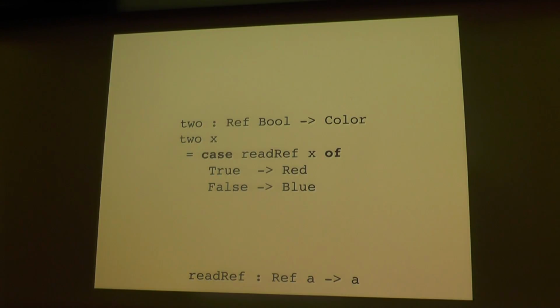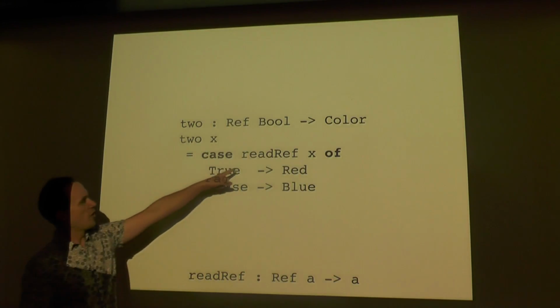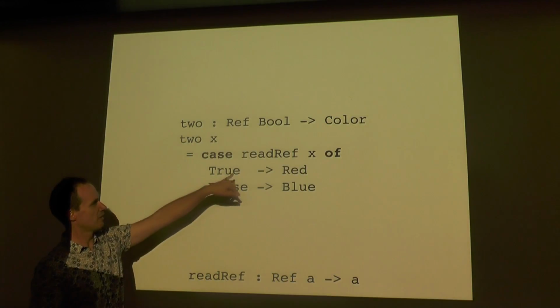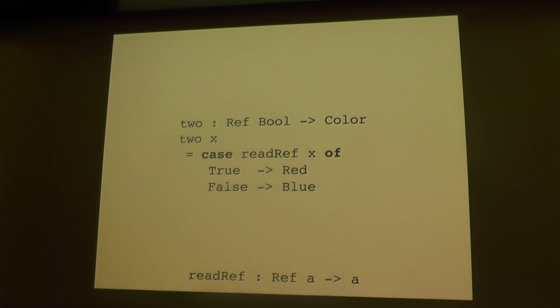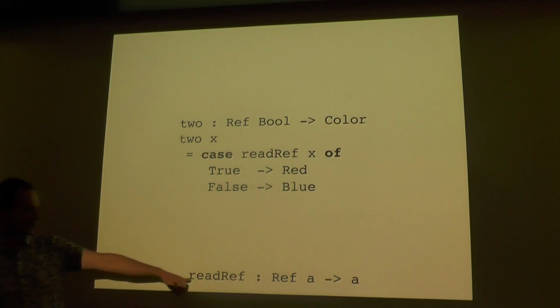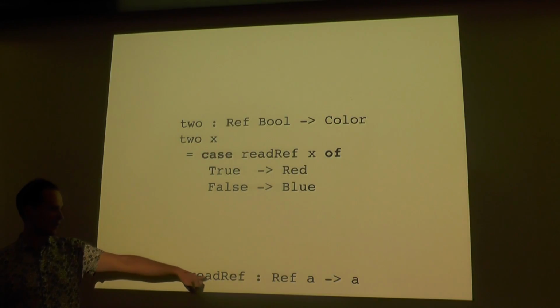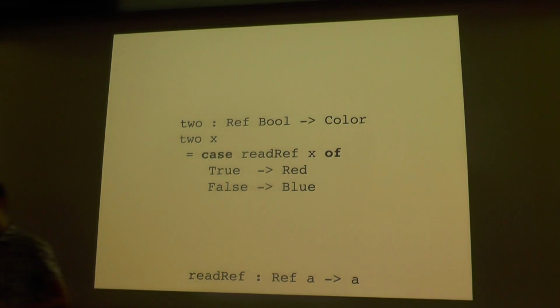Suppose I have, instead of a boolean, which is a pure value, a heap allocated reference which contains a boolean value. Before I do this match, I need to read the reference. The readRef function might have a type like this: I get ref A to an A thing.